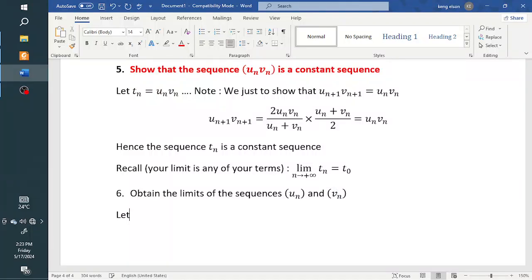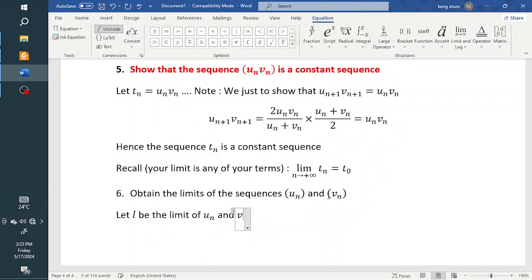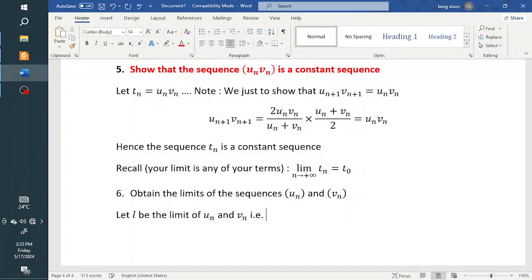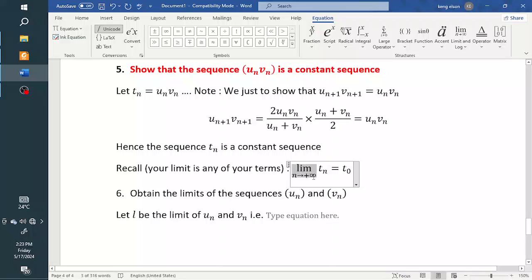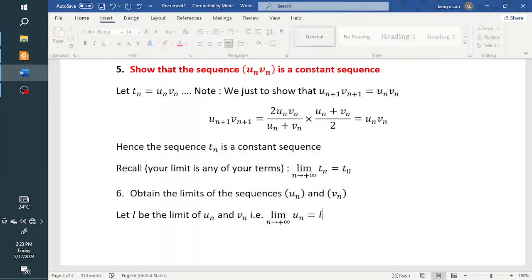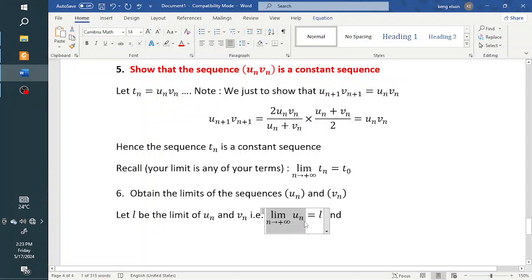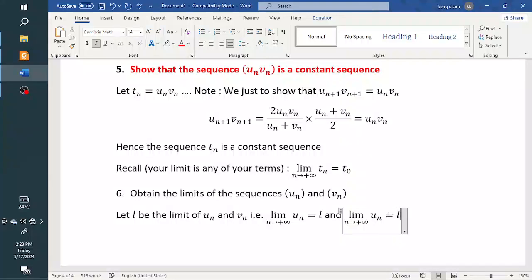So let L be the limit of un and vn. That is, the limit of un is equal to L, and the limit of vn is also equal to L, because they are adjacent.